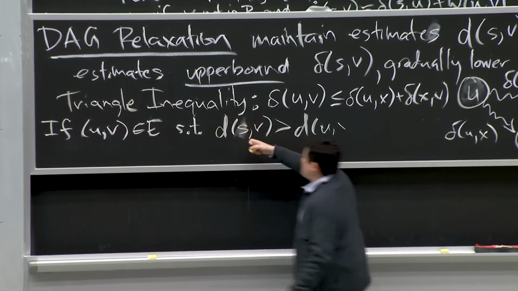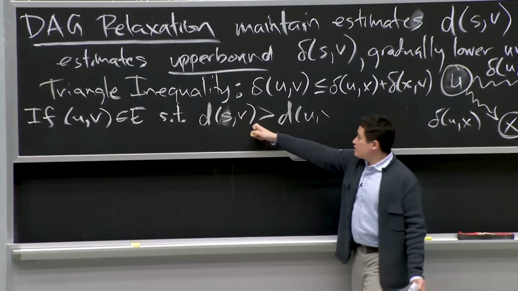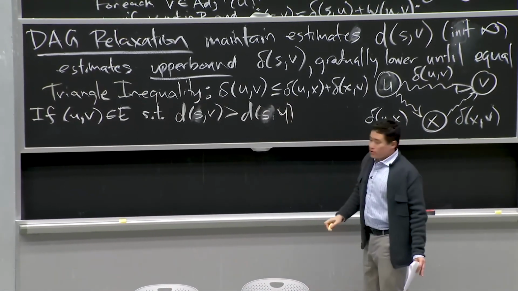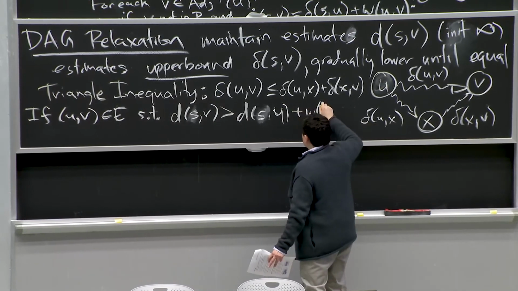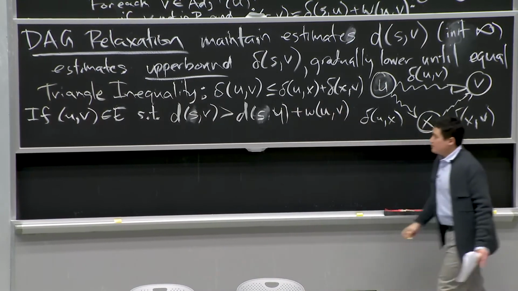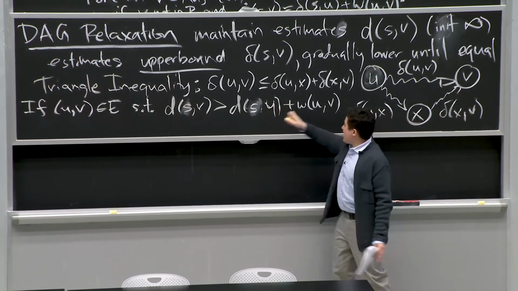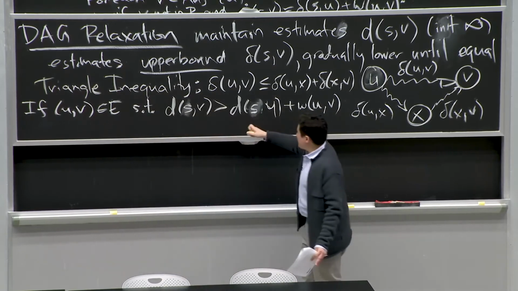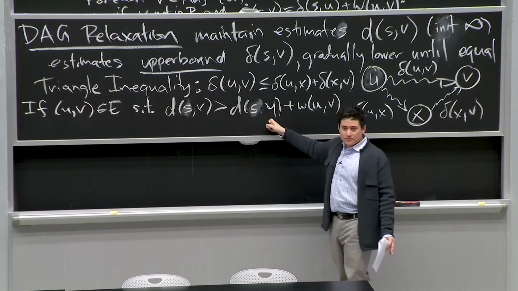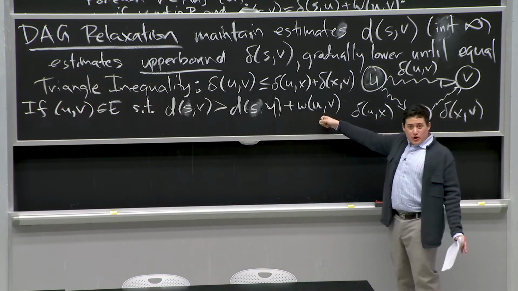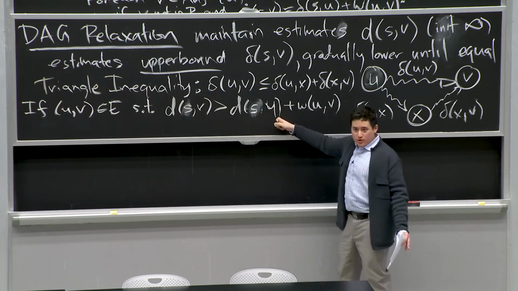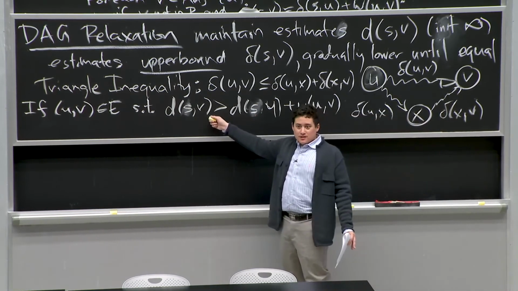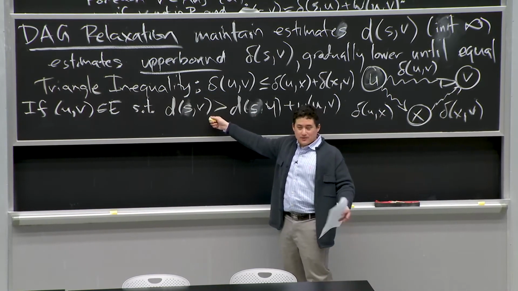I'm calculating shortest path distances from s, so it's the shortest path distance from s to some incoming vertex u, plus the edge weight from u to v. All right, so what is this doing? I have some edge u v in my graph. Basically what I've said is that I have some distance estimate to u, but making a path to v by going through u and then the edge from u to v is better than my current shortest path estimate to v.